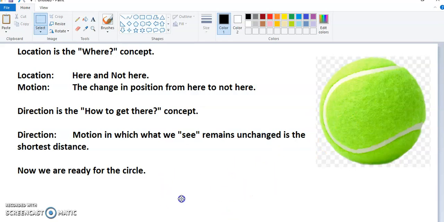In other words, if we go like that and we don't tilt our head, then we'll be looking at something else and not the tennis ball. So any change in what we see will change the shortest distance. In other words, it will be a longer distance. So in that particular case, we have the shortest distance, which is a straight line.